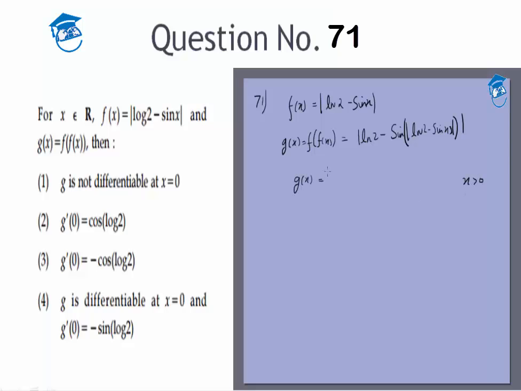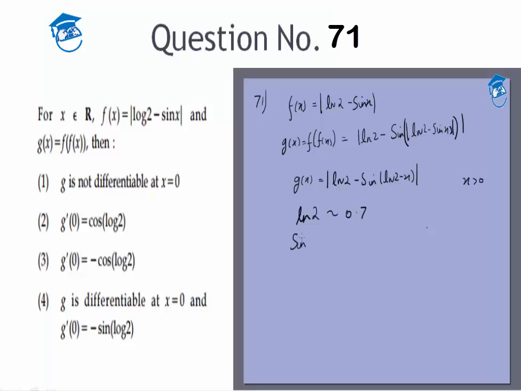g of x is equal to mod of ln2 minus sin of (ln2 minus x), because ln2 is obviously greater than x. Now what about sin of ln2 minus x? For that we can look at the approximate values. ln2 is approximately 0.7.